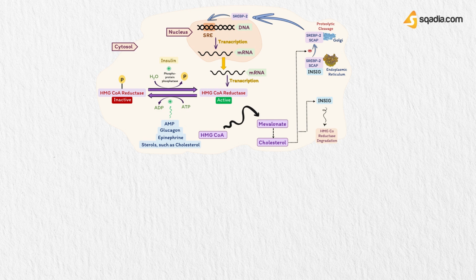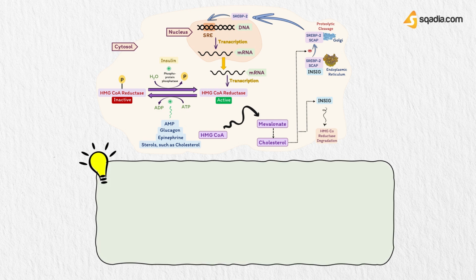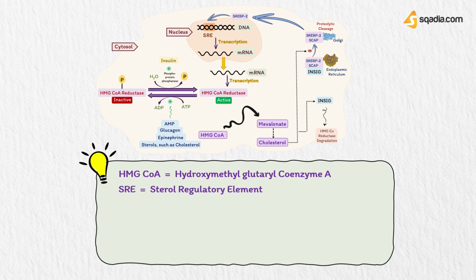SREBP. Before we move further, let me introduce you to the important short forms that are going to be used in this cycle. HMG-CoA stands for hydroxymethylglutaryl coenzyme A. SRE stands for sterol regulatory element. SREBP stands for SRE binding protein.